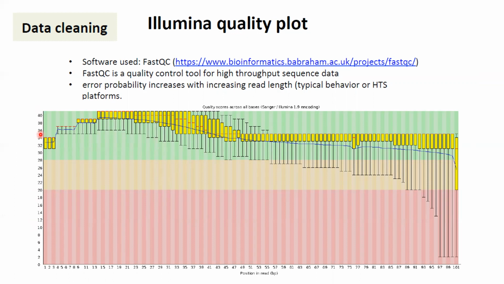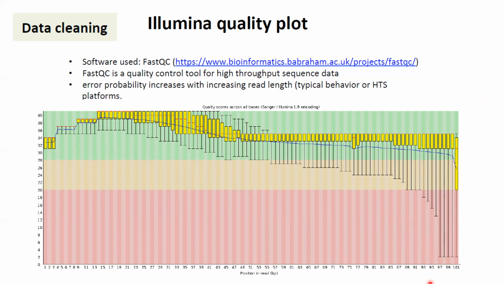And as you can see, the quality decreases towards the end of the reads, which is very common in sequencing experiments. As you can see by the error bars, there are many reads that have very low sequencing qualities.